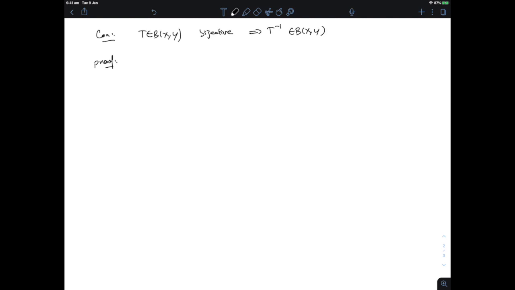Well, the open mapping theorem tells me that there exists a c such that the ball of radius c centered at 0 is included in the image of the unit ball by T. So that means that for every y in capital Y, if they have norms smaller than c, then there exists an x in B(0, 1) such that y is equal to T of x.